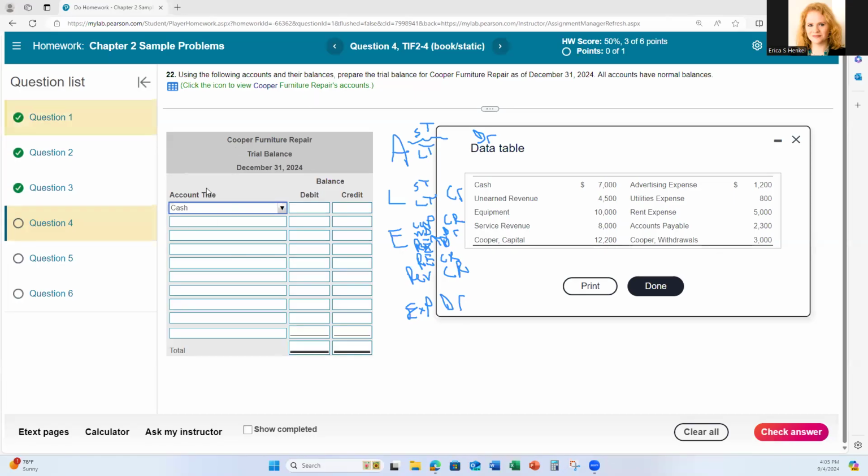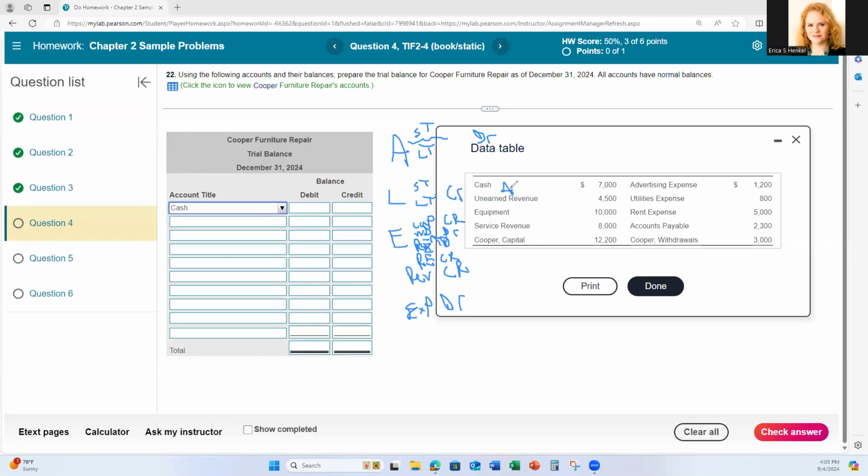All right, so going back to our trial balance, we've got cash. Let's look through here and see what other assets we might have. So unearned revenue, we discussed that in an earlier problem. That means that someone has prepaid us and we have not delivered to them. So we owe them delivery or performance. So that's a liability. So let's just go through here really quick and label all of these.